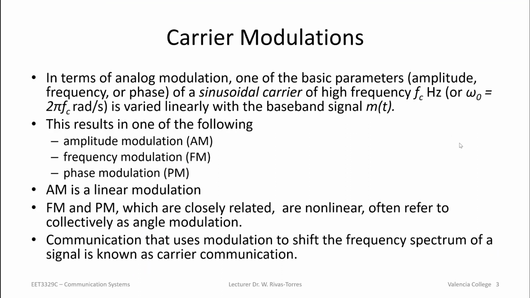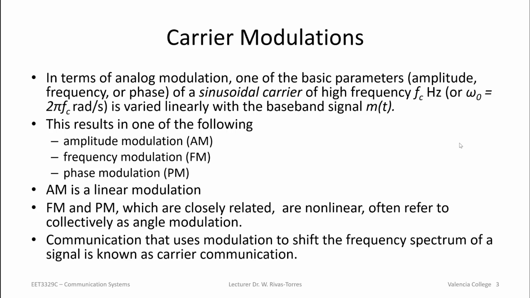So carrier modulations, right? In terms of analog modulation, any of the basic parameters of your carrier you can make vary linearly with your information signal. That parameter will carry your information, and depending on which parameter you're changing, you end up with either amplitude, frequency, or phase modulation.